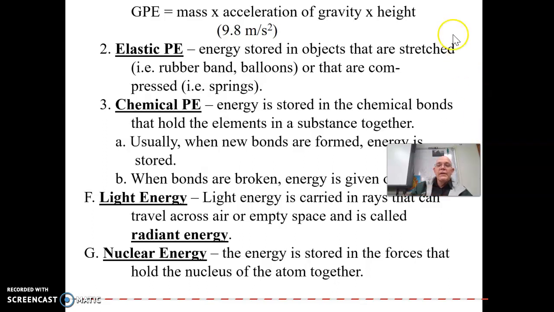That's not the same thing as chemical potential energy. Okay, this could probably also be considered a type of potential energy because every nucleus has this energy stored up. Only in a few large unstable atoms are we able to tap that and to break it apart and use that energy, but it is there in every atom of those kind.